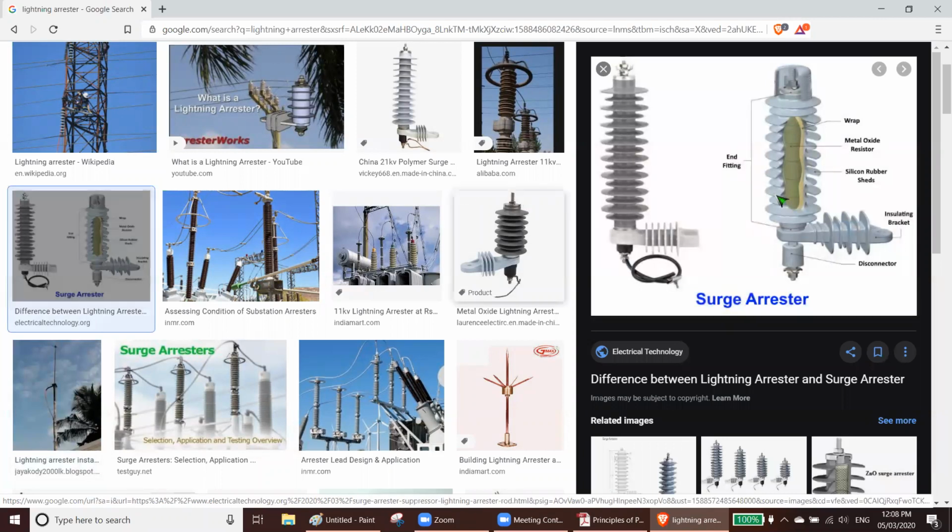This is called a lightning arrestor or surge arrestor. You have seen this already, right? These are not your insulators. You have seen this already.